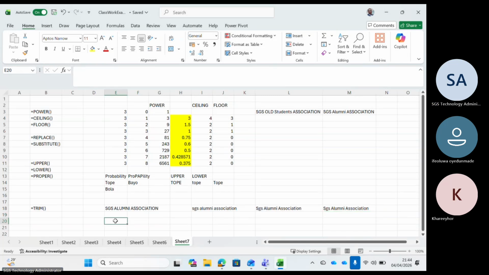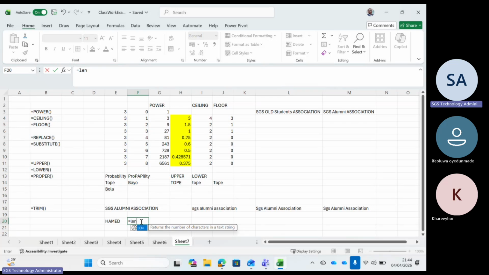So let me make it clearer. Remember, this is my name here. But by mistake, I put a space. So I say equals length, number of characters in the text.